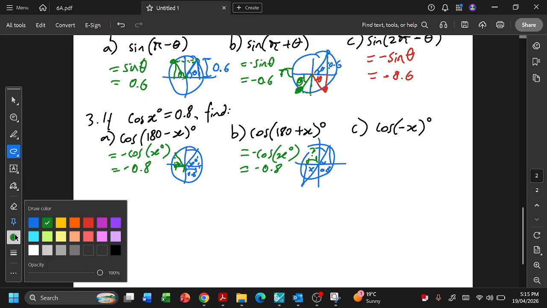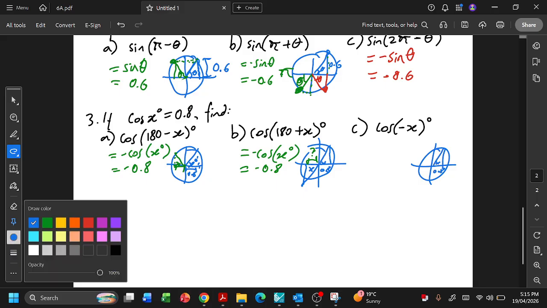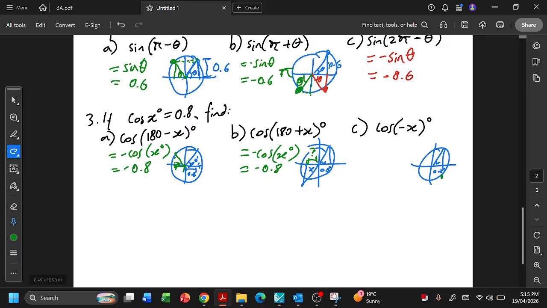And then as for the last example, let's just draw another circle over here. Let's not be lazy. That's x. That's 0.8. Okay, we're interested in that. We know that we're looking at this point here. So negative x degrees means start at this point here, rotate x degrees this way. So we've now created an angle of x over here.